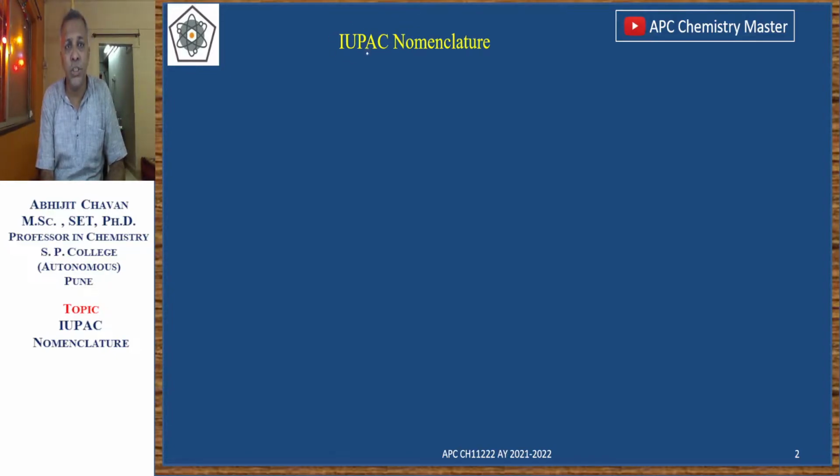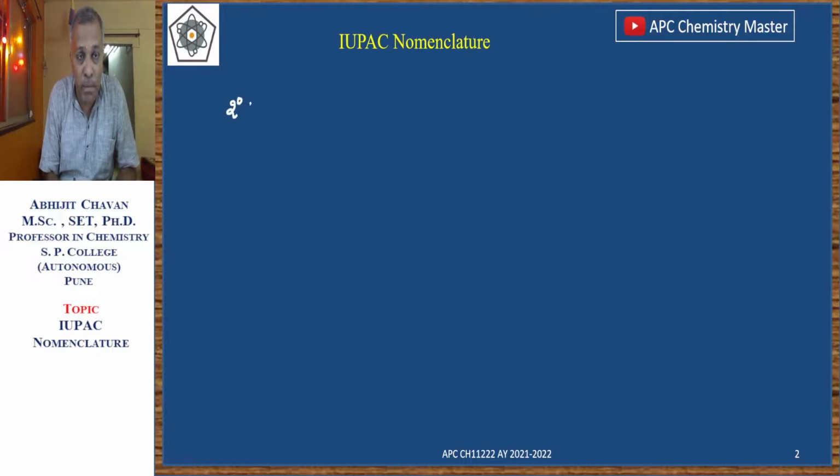This is an organization which has the responsibility to frame the rules to name any chemical entity. They have framed certain rules, and there are rules specifically derived for organic compounds. How to name these organic compounds? For that, IUPAC has framed 5 different entities. What are those entities? Let's see.